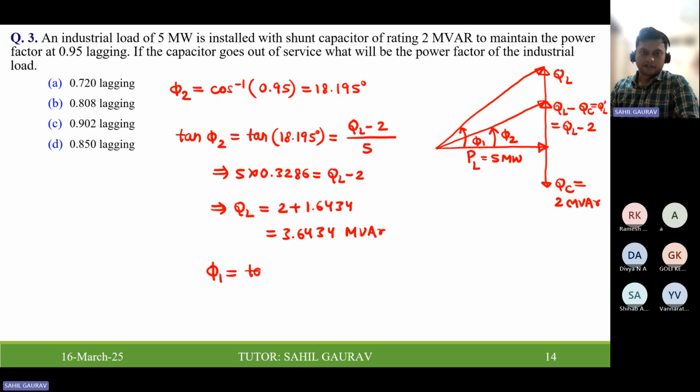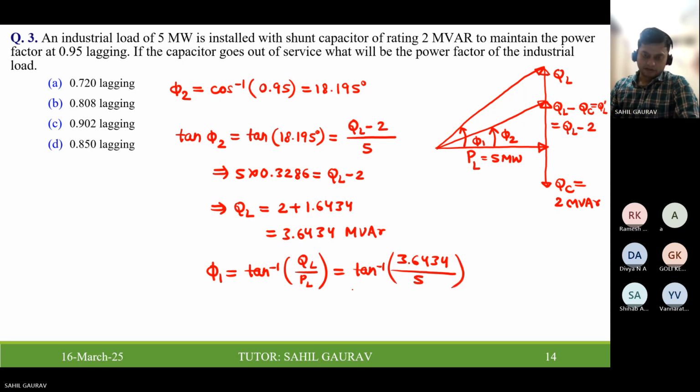Phi 1 is tan inverse of QL upon PL, tan inverse of 3.6434 over 5 megawatt, so it is 36.08 degrees.